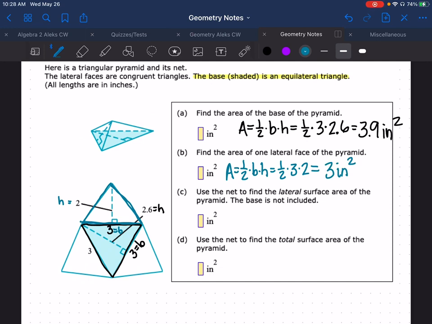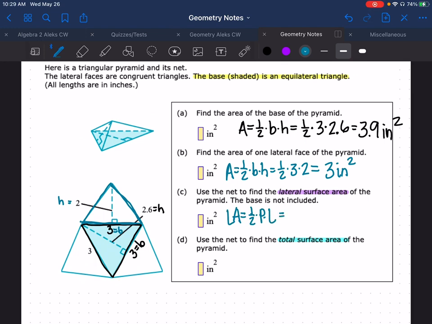Now the next question is asking me to find the lateral surface area. Please make sure you read when you're doing this one, because this section is the one section where it does ask you to do the lateral versus the total. If you look ahead to part D, it's going to ask you to do the total surface area down there. All right, so if I go back and look at my formula for the lateral surface area, it's 1/2 times the perimeter times the slant height.